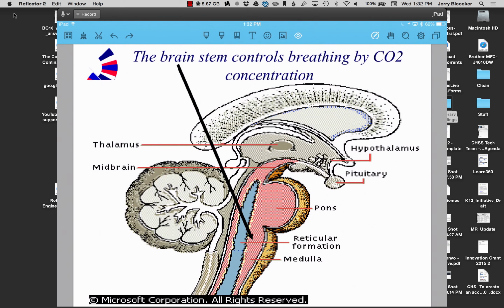And we can't really talk about the respiratory system without saying why it is we breathe in the first place. This region right here, I'll just highlight, our brainstem, or our medulla oblongata. It has the regulatory authority to sense our carbon dioxide levels and to a certain extent our oxygen levels, and it regulates our breathing.